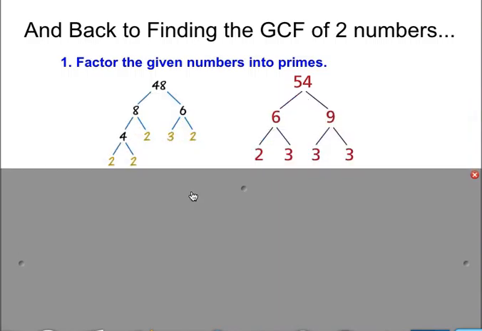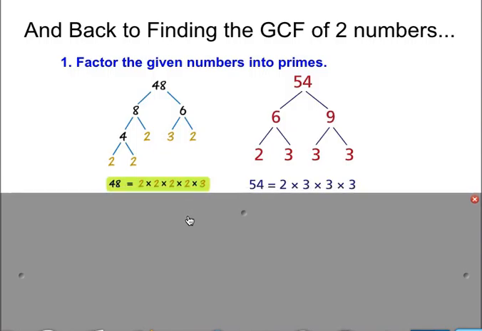Your factor tree might look a little bit different than what's on the board, but what is most important is that you have the bottom numbers. The prime factorization of both 48 and 54 are in increasing order. That's very helpful for you to do so that your work is organized.